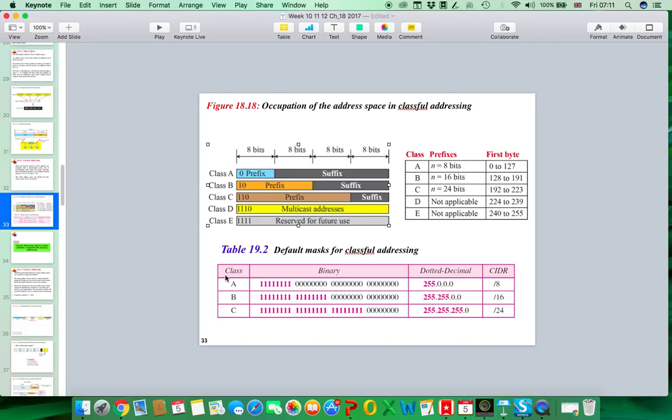So the subnet mask for class A is 255.0.0.0. Class B, you have 16 bits for the network, 16 bits for the host. So in class B, the network mask is 255.255.0.0.